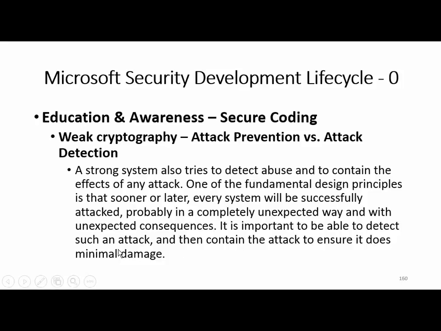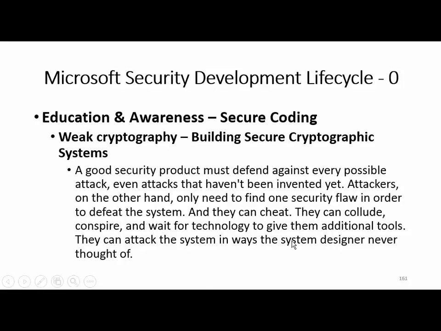So it's important to detect it and then try to mitigate the damage as much as possible. A good system must defend against every possible type of attack, even ones that aren't known about. You know, as they say in here, attackers have as many chances as they want. You may have only one chance when you're trying to go through preventive mode.